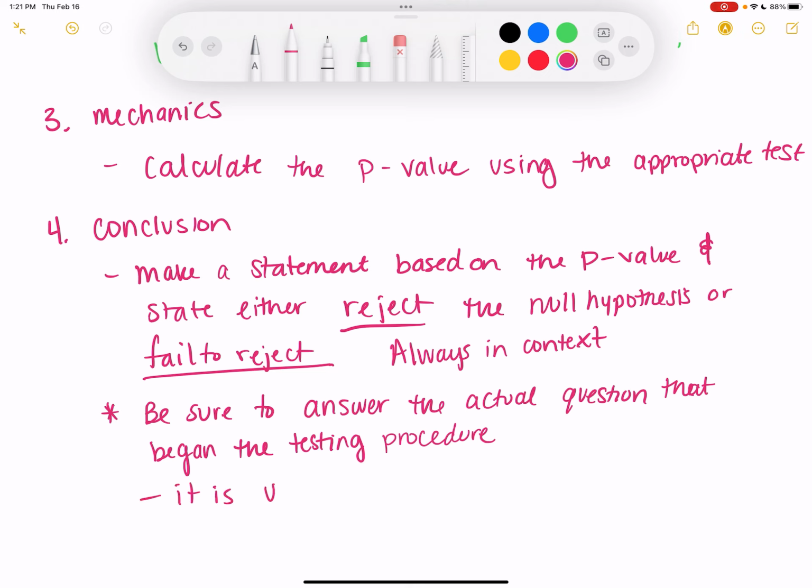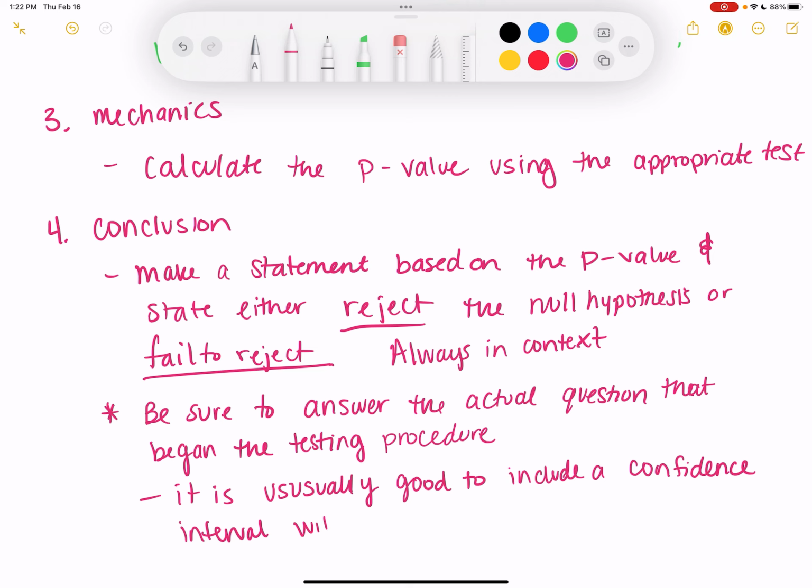It is usually good to include a confidence interval with the conclusion, meaning like the 90% or whatever, how confident we are.